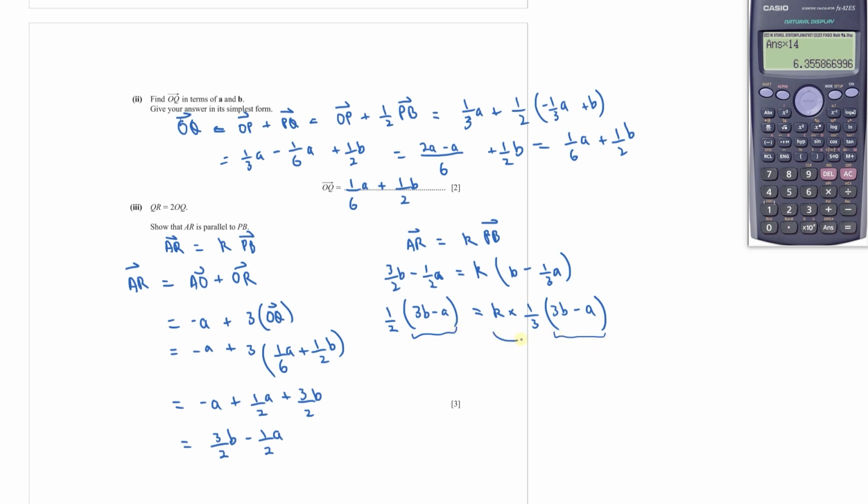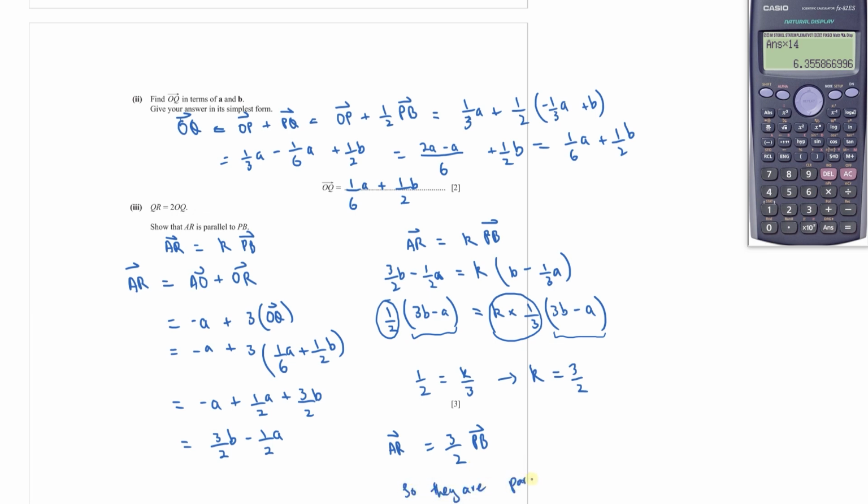That means these two values should be equal, right? So I can directly compare these to find the value of k. 1 by 2 should equal k by 3, so k equals 3 by 2. That means the vector AR is 3 by 2 times PB. So they are parallel.